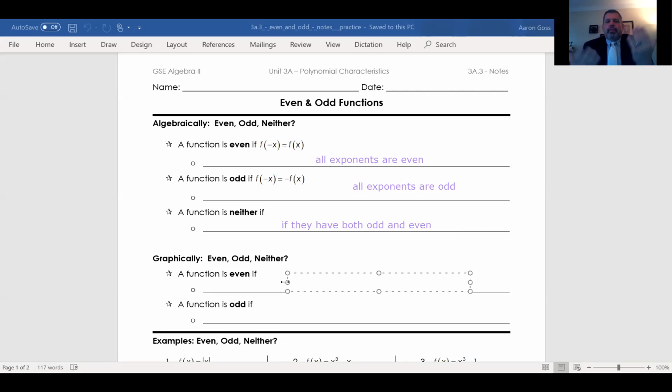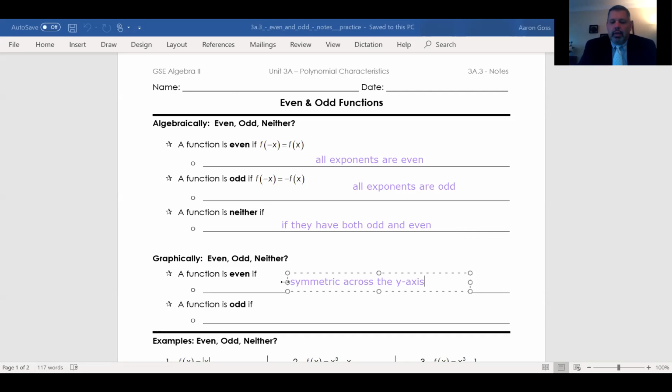So a function is even when it is symmetric across the y-axis, the one that goes up and down. No, it folds.